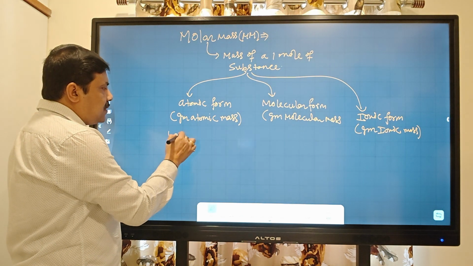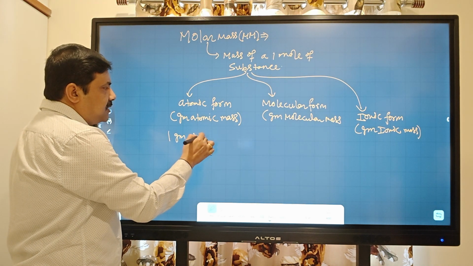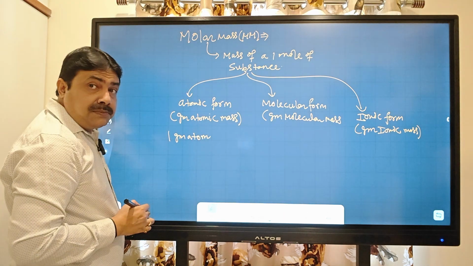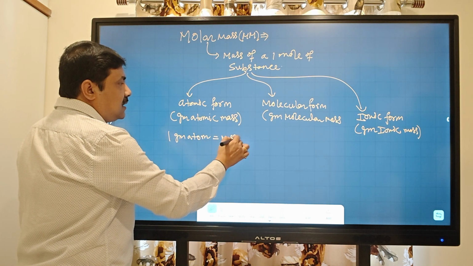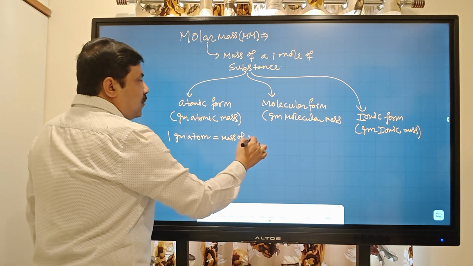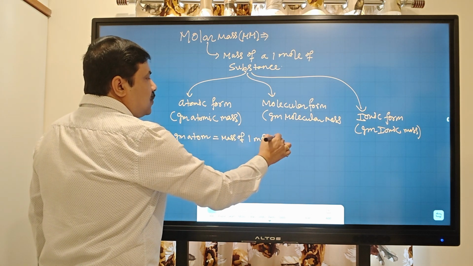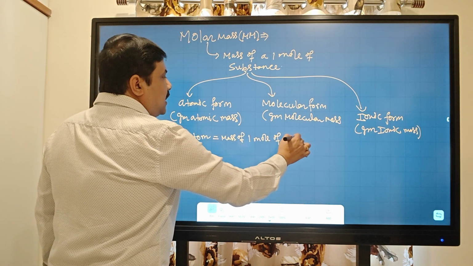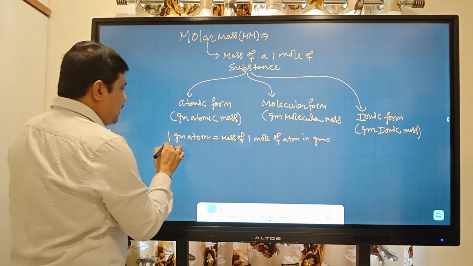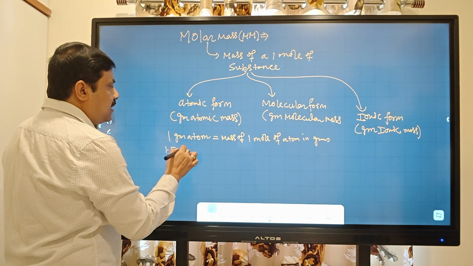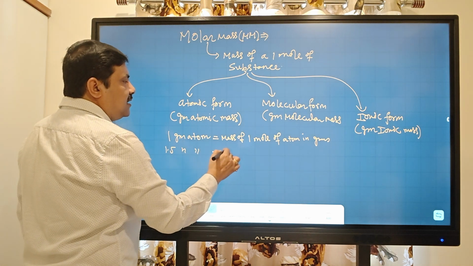Now, if I say 1 gram atom, remember this concept. 1 gram atom equals the mass of 1 mole of atoms in grams. If I say 1.5 gram atom, what is the meaning?